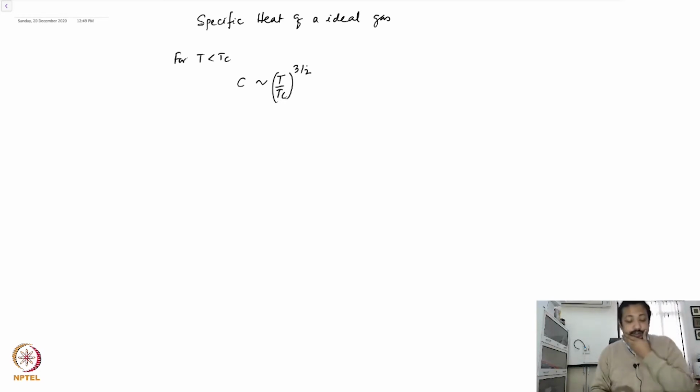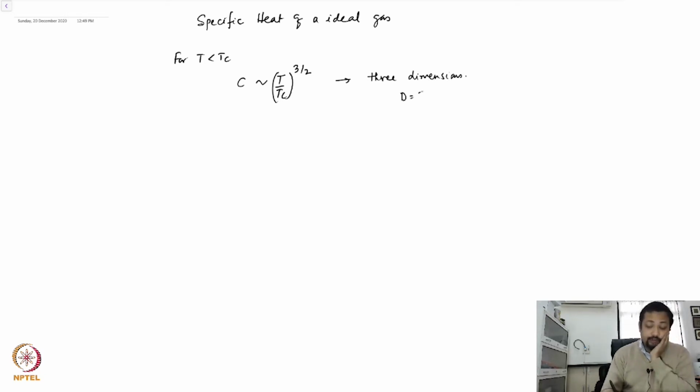Now, this result is for 3 dimensions, which means that the dimensionality of space is 3, d is equal to 3. Now we want to argue for any arbitrary dimension, and in fact we want to provide a physical intuition into this kind of behavior for a Bose gas.